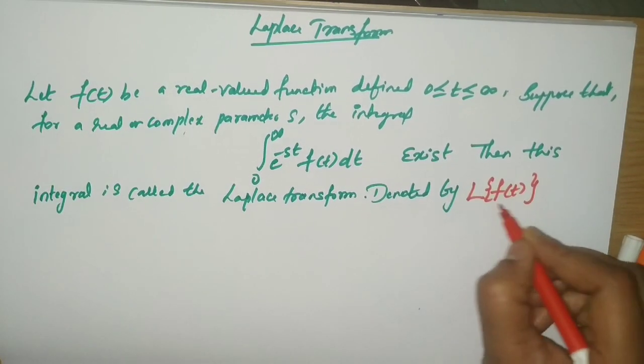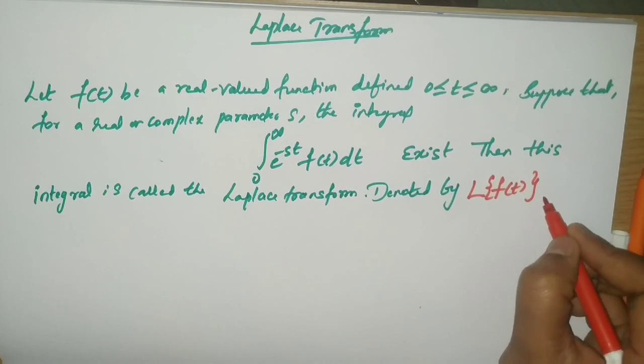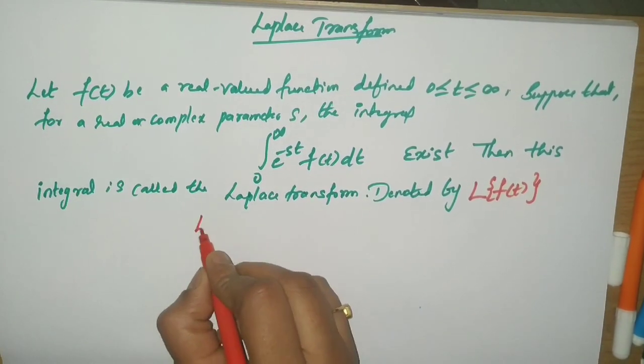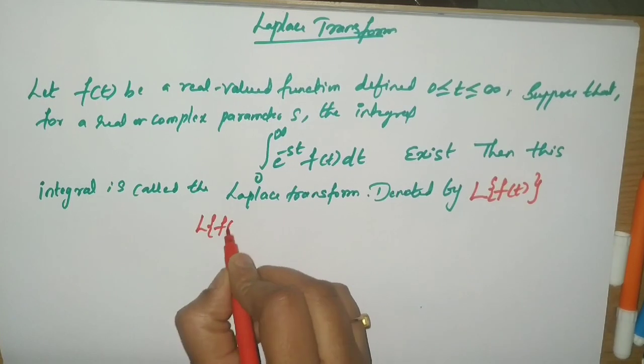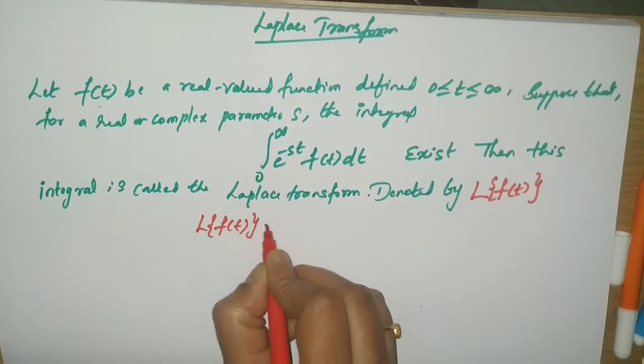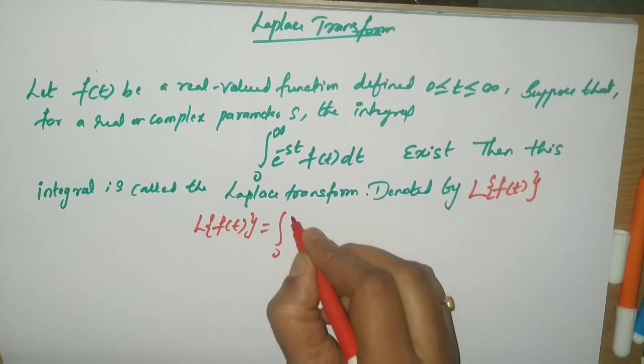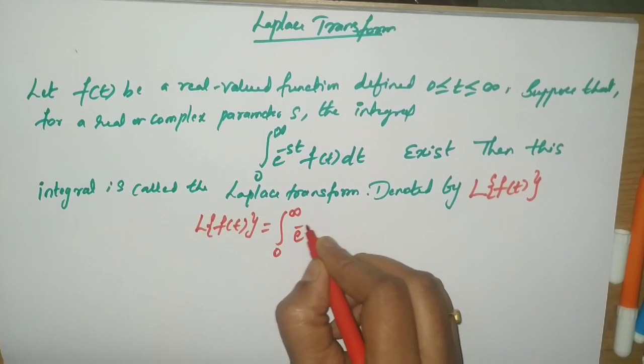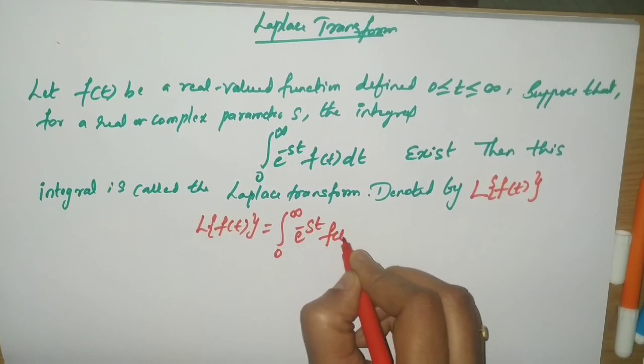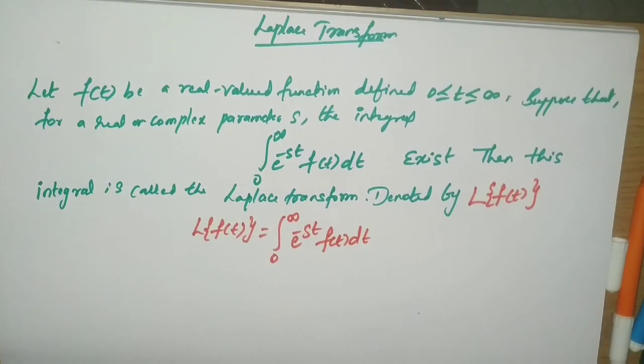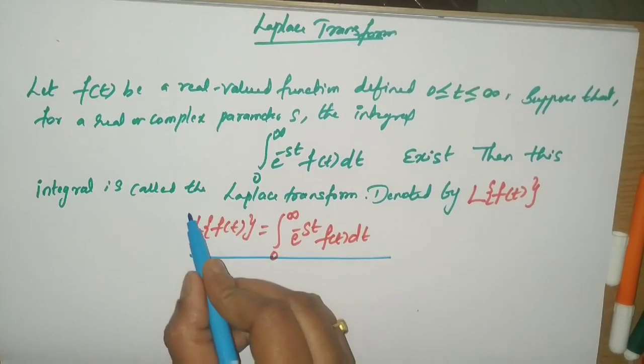This is how the Laplace transform is denoted. So by definition I can write L of f of t is equal to integral 0 to infinity e power minus st f of t dt. So this is the formula for Laplace transform.